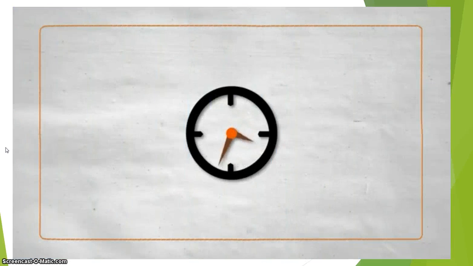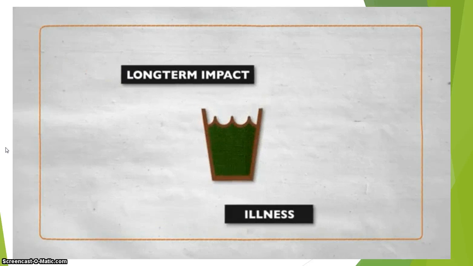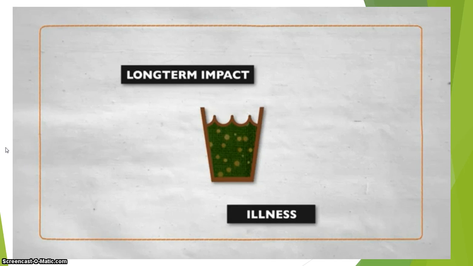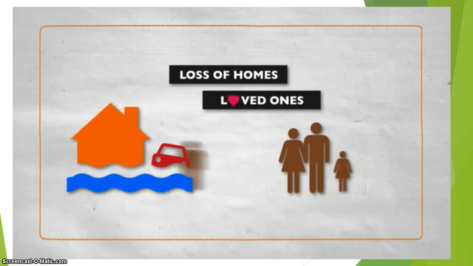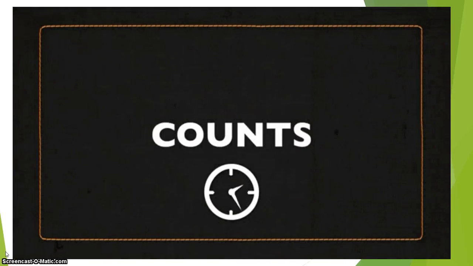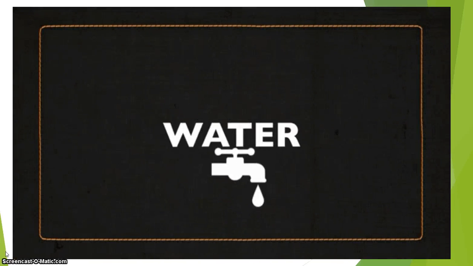But the warning can come barely hours before the wave hits. The long-term impact of a massive tsunami can be harder to escape. Potentially fatal waterborne illnesses and sometimes loss of homes and loved ones. In the wake of a devastating tsunami, every moment counts when getting help, food and water to the area.